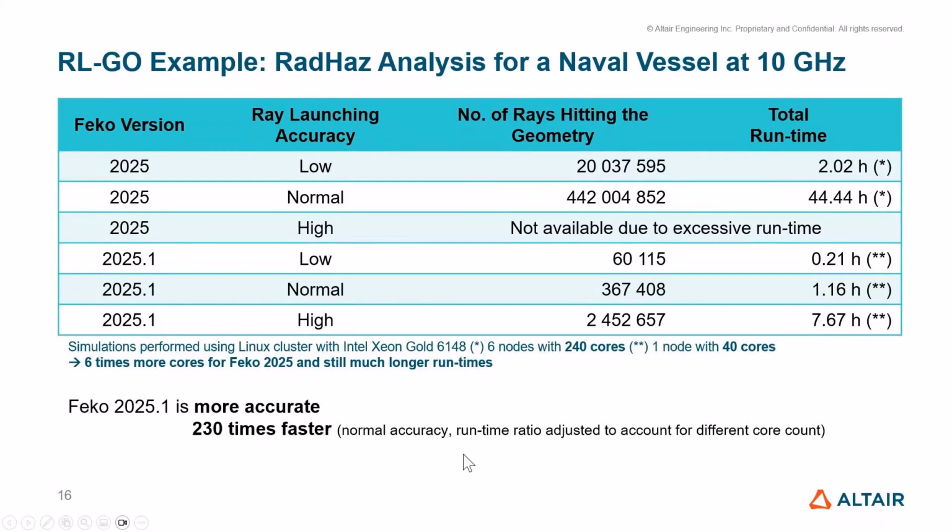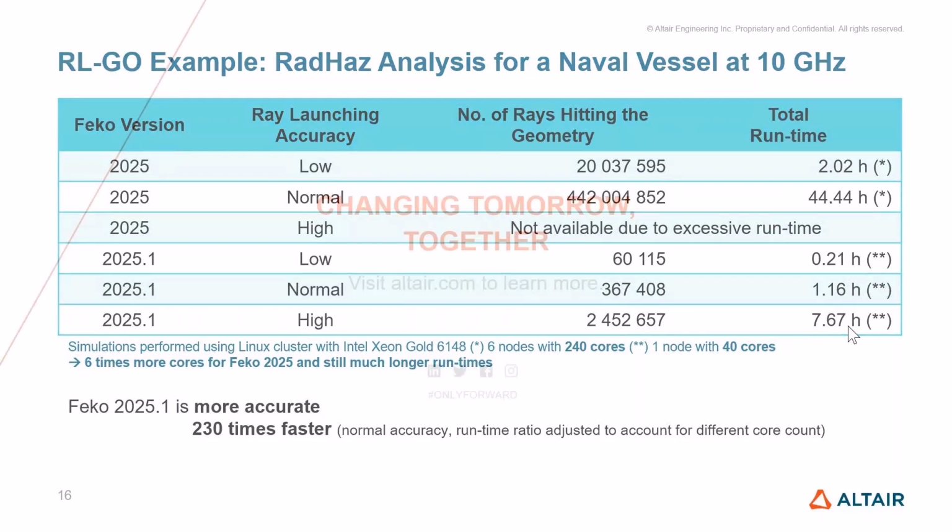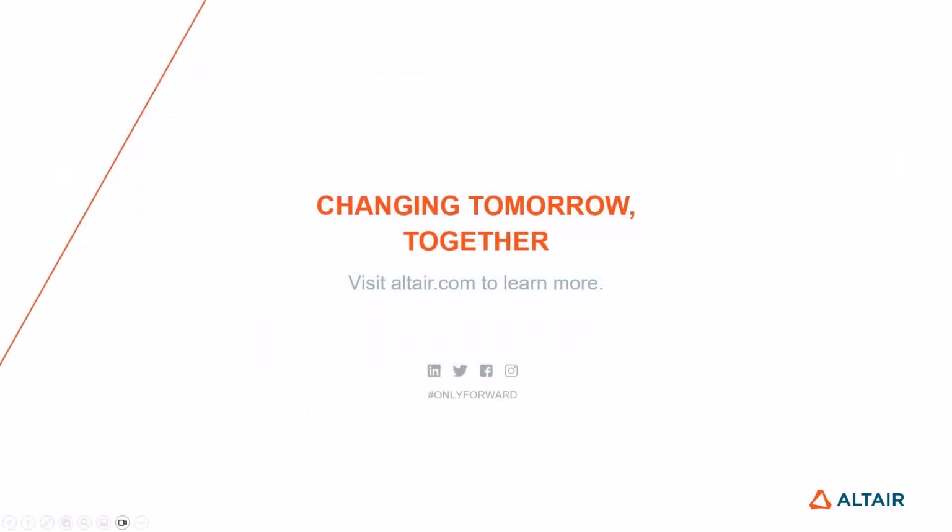And if we look at the high accuracy setting, with 2025 it was not able to compute due to excessive runtime. But with the newer and updated version, we can see that it converges or gives us a stable output within 7.67 hours itself. So I hope that gave you a little insight about the new and improved RLGO solver.